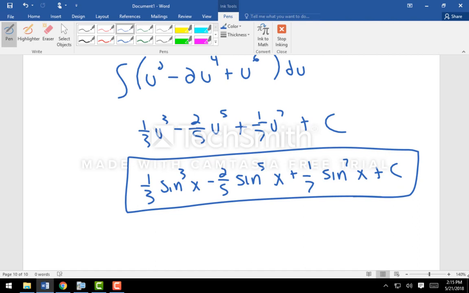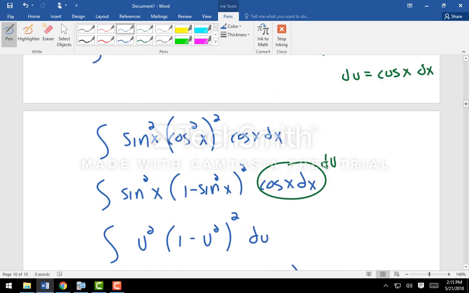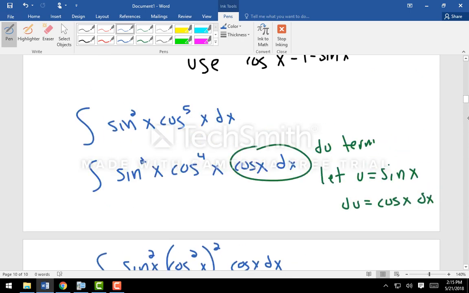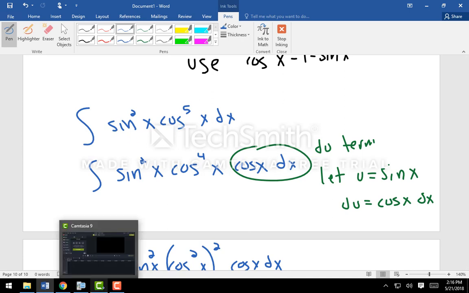Now remember, in the prior video we talked about two ways to check our work. This is the antiderivative of our original integral. And what we can do is take the derivative of this and come back to our original integral. I want to point out to you that's going to be a little tricky. If I take the derivative of our answer, I should get back to here, but the problem is I have the cosine term in my original integral.